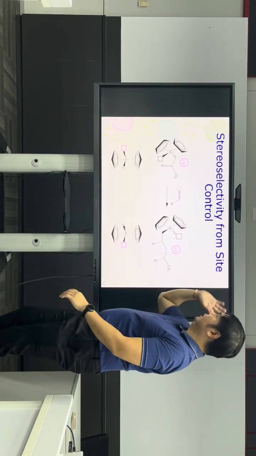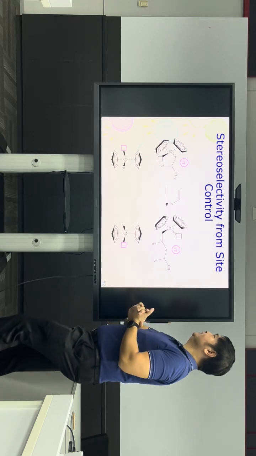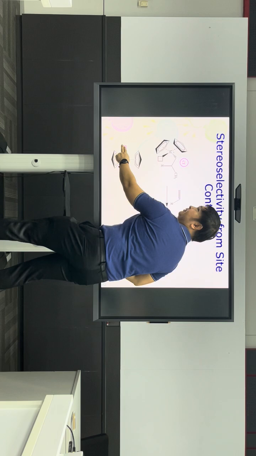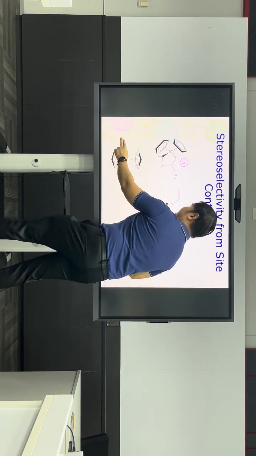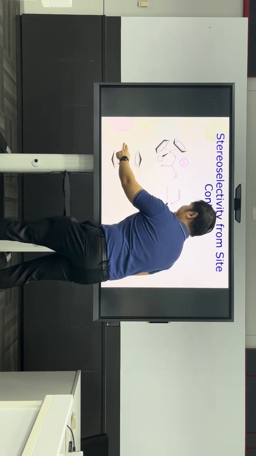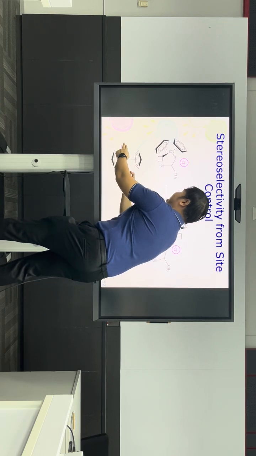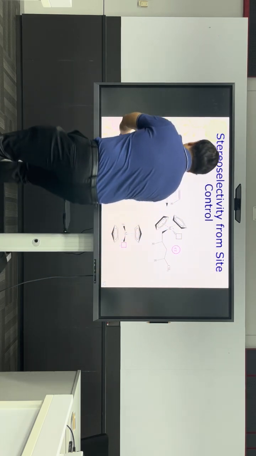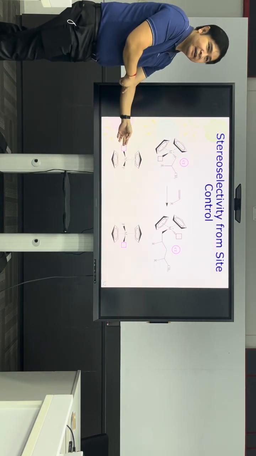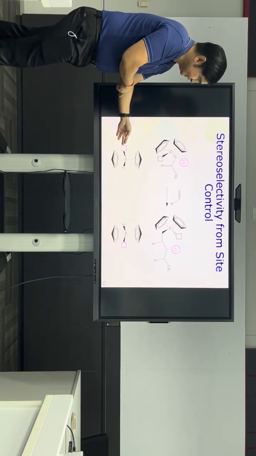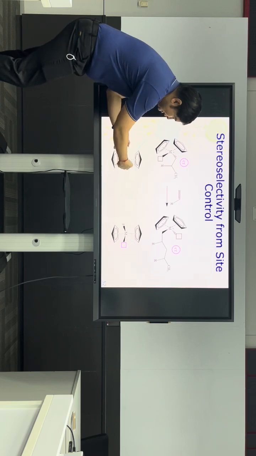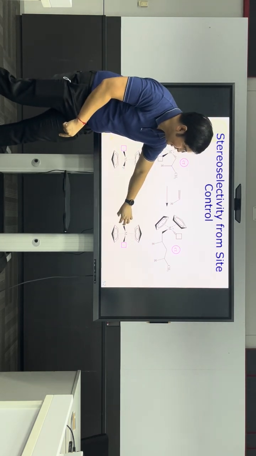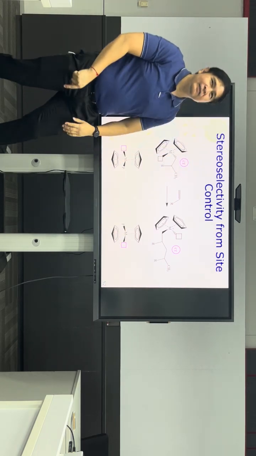Now, the point I want to make on this slide is if you have a double bond coordinating to the metal like this, the polymer chain attacks the double bond, and after it attacks, the whole polymer chain will swing to the left-hand side. Because this thing attacks, it jumps to this side, so you will get the polymer chain on the left-hand side and the empty site over there.